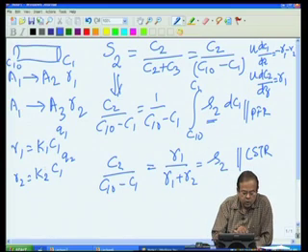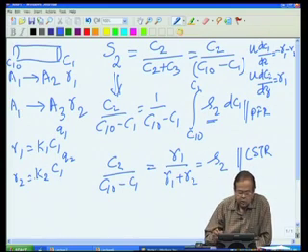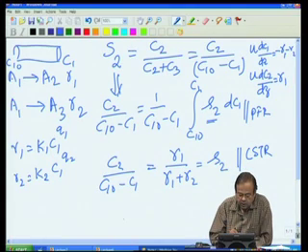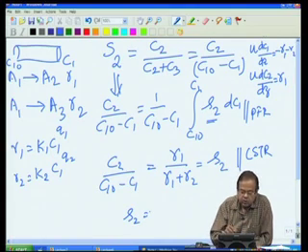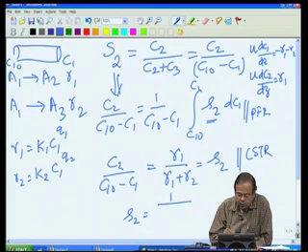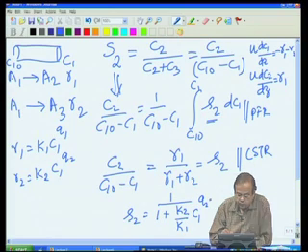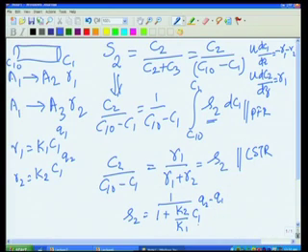So, with these two rate equations, I can now write the point selectivity S2, which is R1 by R1 plus R2. If I do a little bit of manipulation, I will get this value as 1 by 1 plus K2 by K1 C1 raised to Q2 minus Q1.